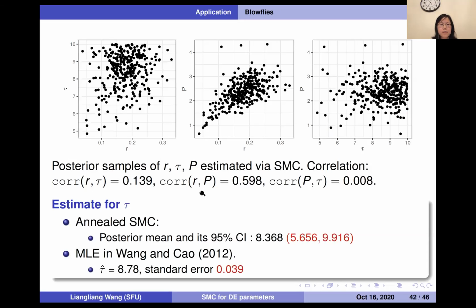For the estimation for the delay parameter, I'm doing some comparison to the previous results using the frequentist method. As you can see, previously I got a really small standard error, which is around 0.04, and now the credible interval is from around 5.7 to 9.9.